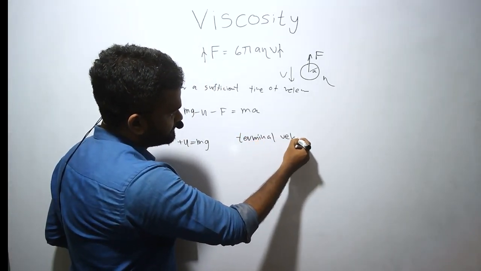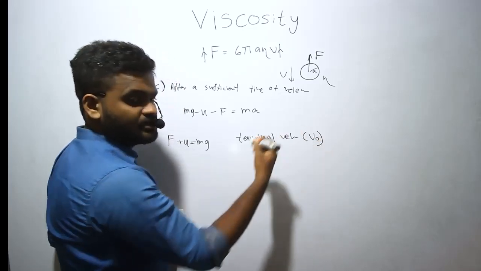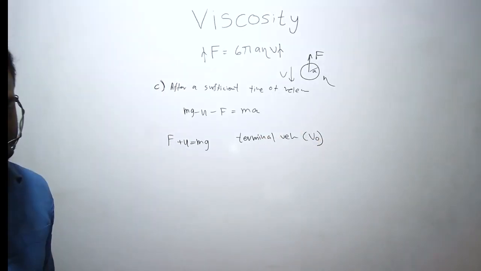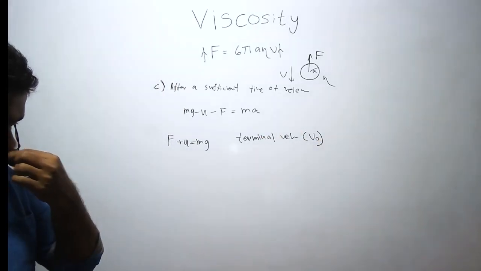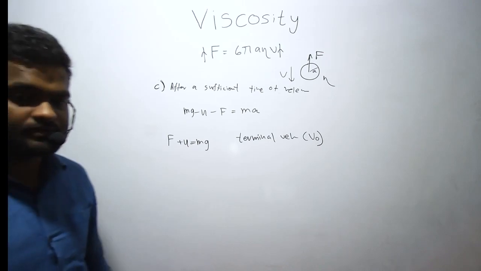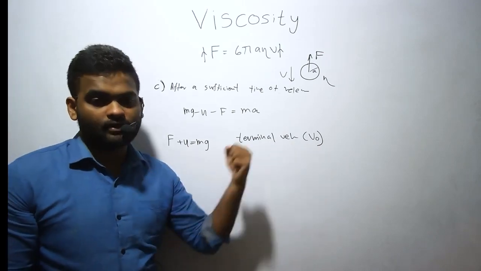Terminal velocity. Within brackets, V naught is called terminal velocity V naught.